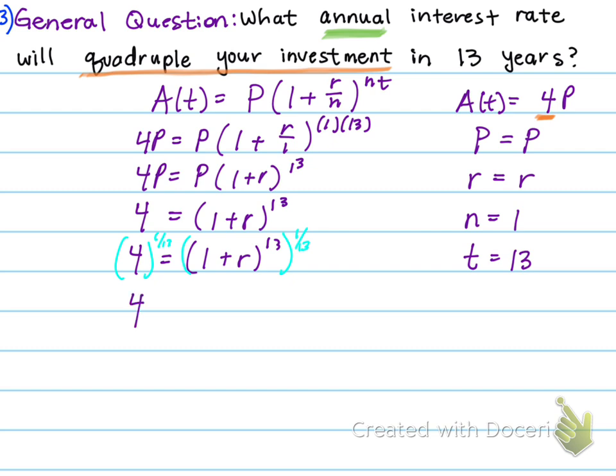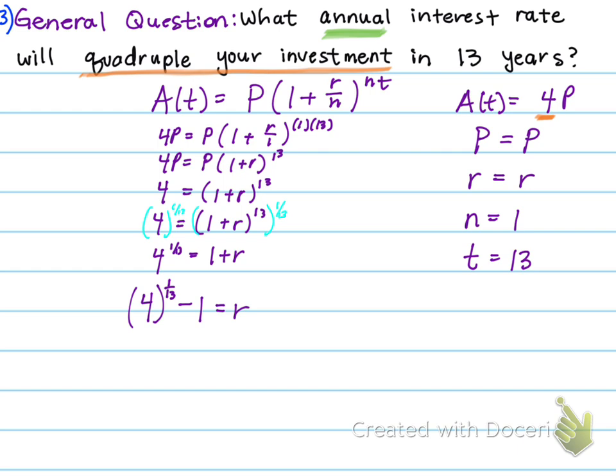So my final answer is going to be 4 to the power 1 over 13 equals 1 plus R, and I have to subtract 1 again, so 4 to the 1 over 13 minus 1 equals R. When you plug that in the calculator, you're going to get 0.11253 equals R. If we wanted the annual interest rate, you now have to convert the R to a percent, and that's going to be 11.253% is the rate that would do that.